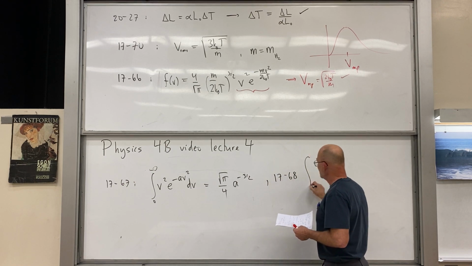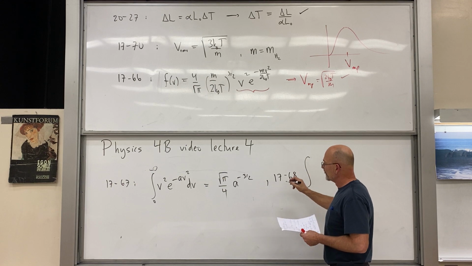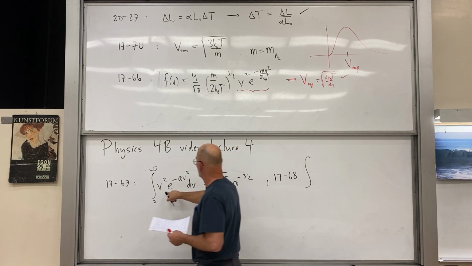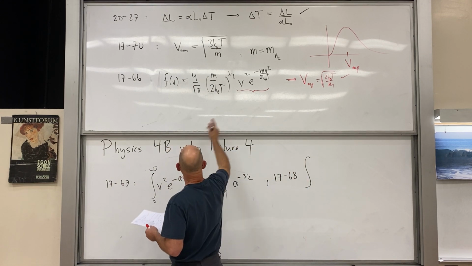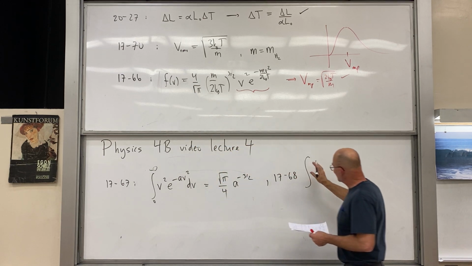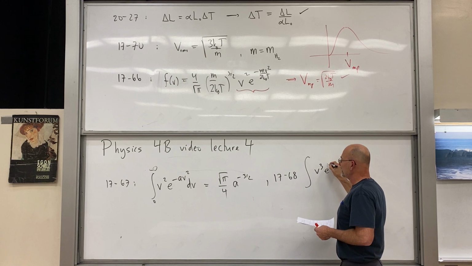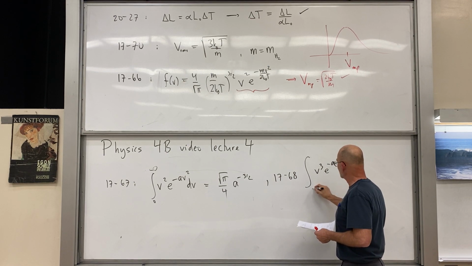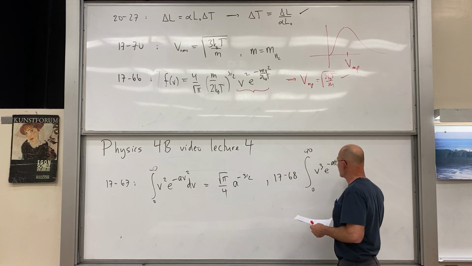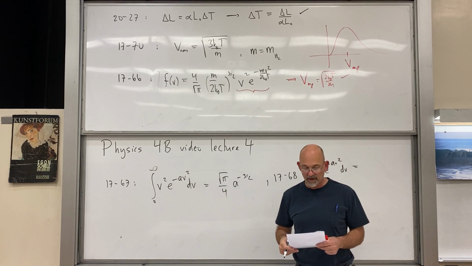For 17, problem 68, since this is your f of v without that 4 factor, you were just going to integrate v cubed e to the minus a v squared dv from 0 to infinity. And there, the formula they gave you in the book was the correct one.